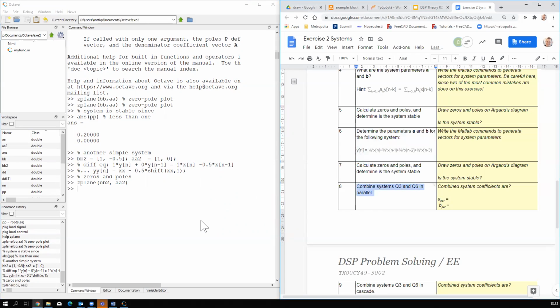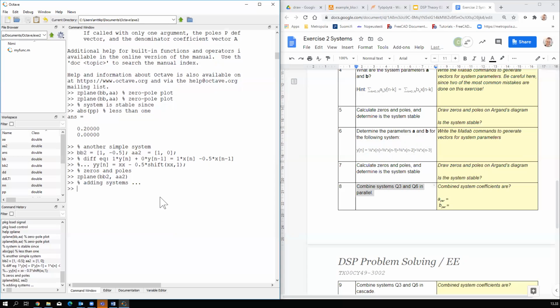And how to combine systems in parallel? Okay, parallel meaning adding systems. And we have two polynomials. Now I would need some mathematical tool to show what is actually going on here.